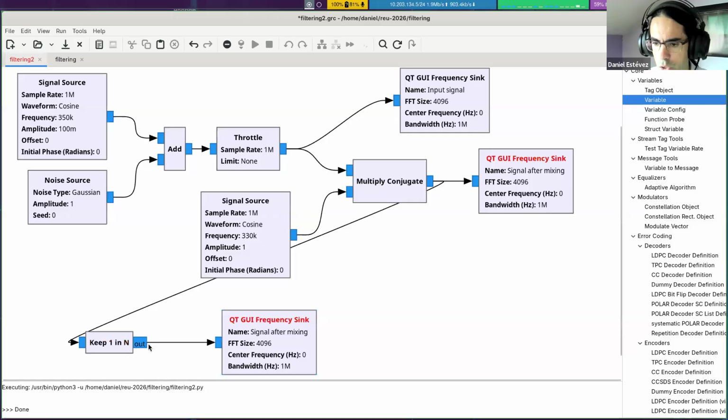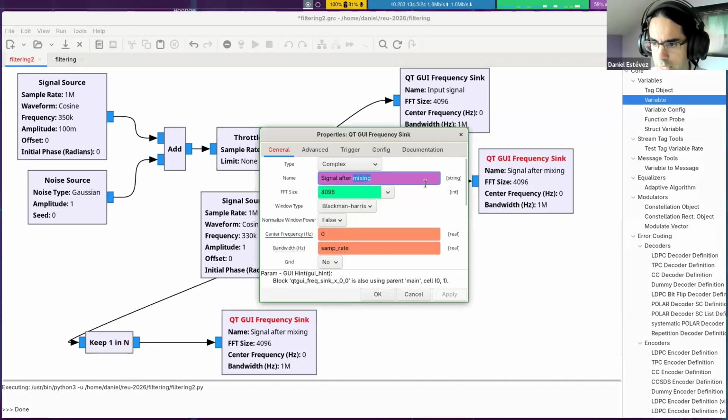So I'm going to show this. This is going to be signal after decimation. This is called decimation. So removing samples in digital signal processing is called decimation, which technically means taking 1 in every 10. Decimation has the Latin root for 10. But these days we use decimation for any ratio.